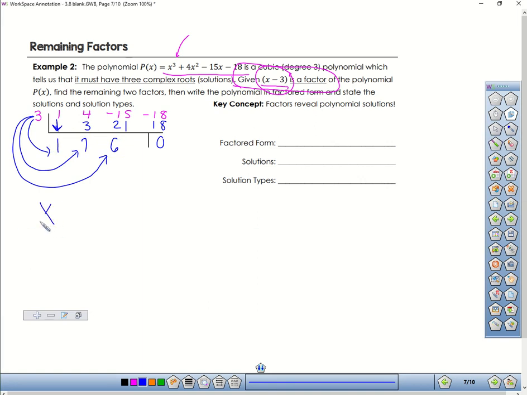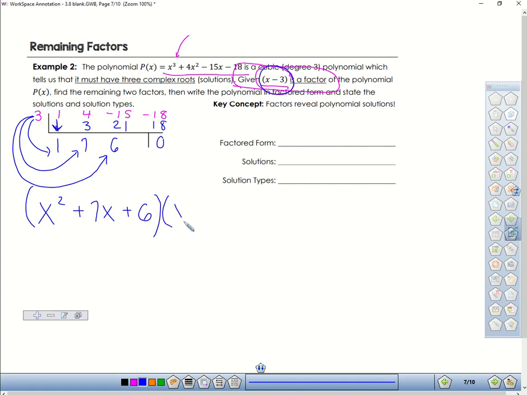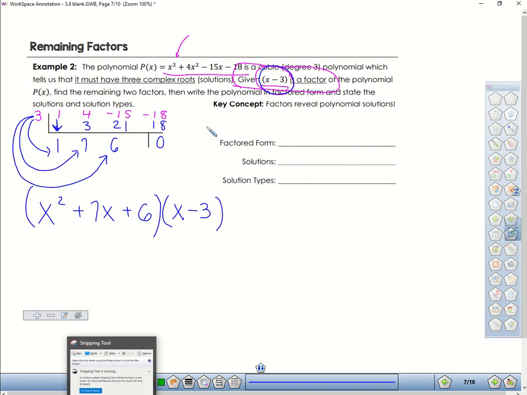This would be x squared plus 7x plus 6. Everybody see where I got that from? And this would be times whatever we divided by, x minus 3. That's because if we did this multiplication, we would end up back with our polynomial, because multiplication reverses division, right? So you have to put in whatever you divided by.